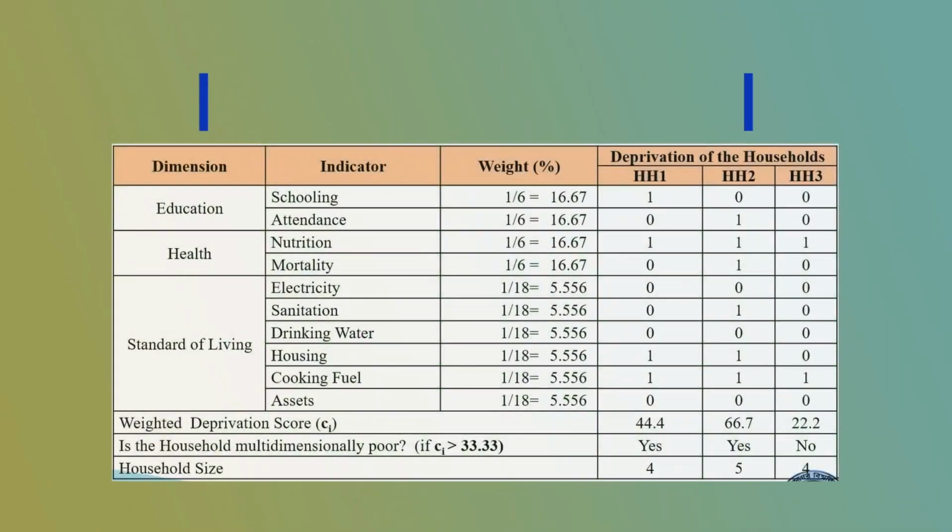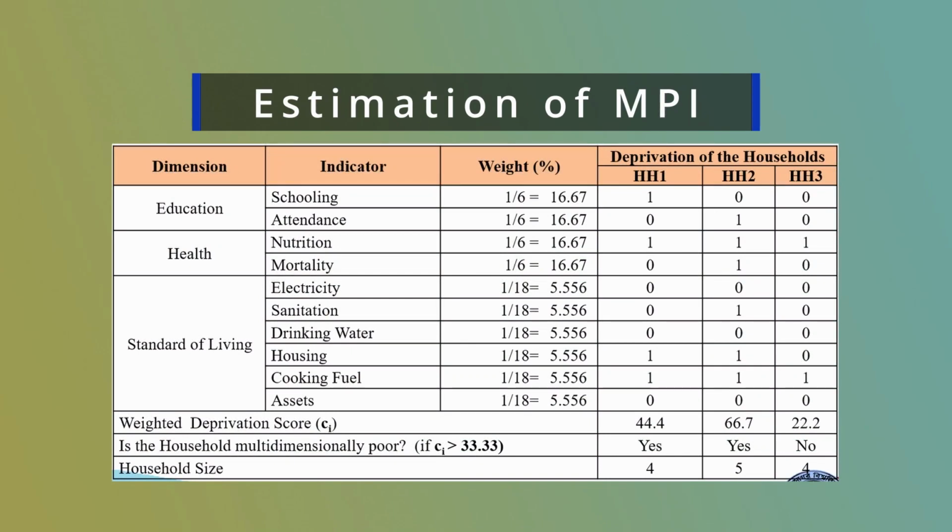Here we have considered hypothetical data, say, for the information of three households: household 1, household 2 and household 3. This is the information of the deprivation, or we can treat it as a deprivation matrix of the three households along with their specific dimensions and indicators.